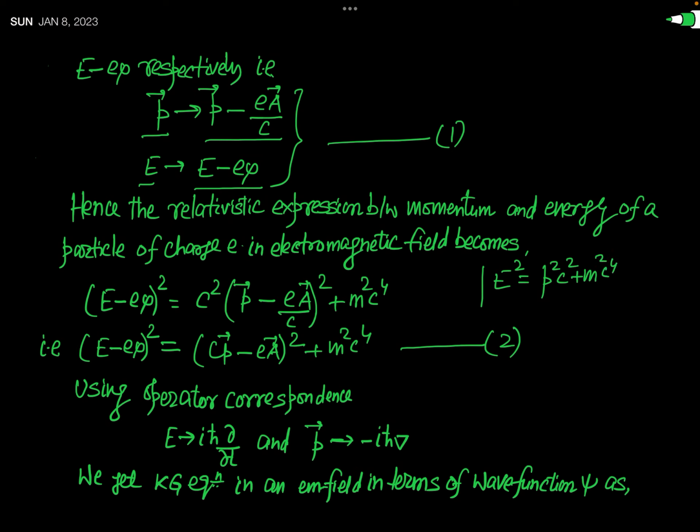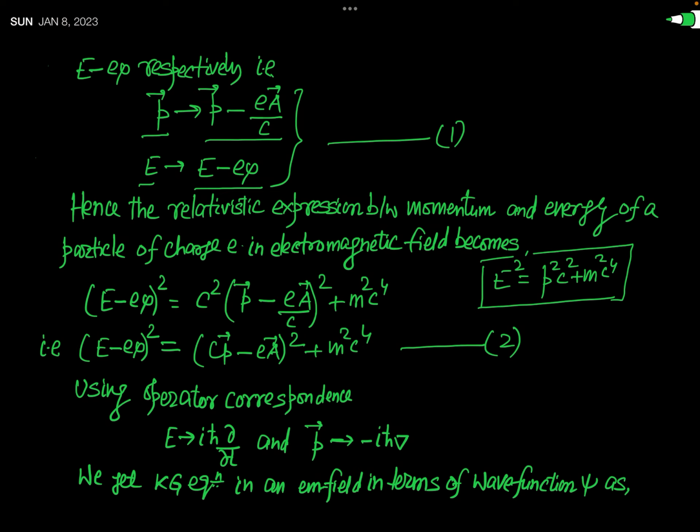This is Einstein's relation between the energy and momentum of a relativistic particle. Remember, I have told you earlier that I am writing here m, but this m actually represents the rest mass, which is usually denoted by the symbol m0. But in this series of lectures, we have denoted the rest mass by m, not by m naught.